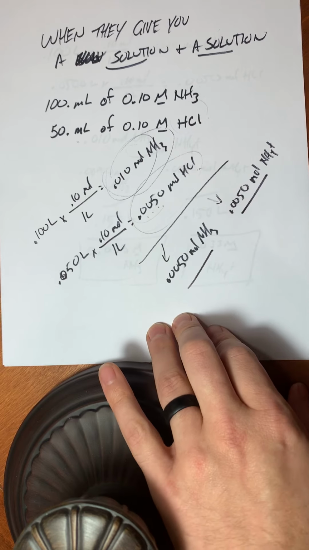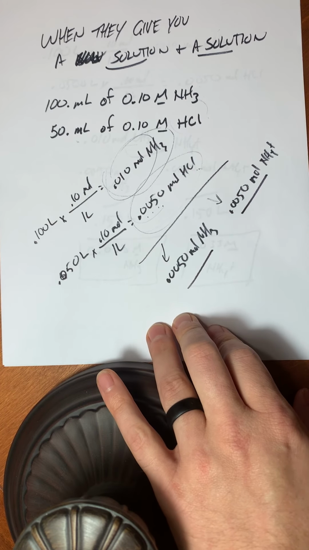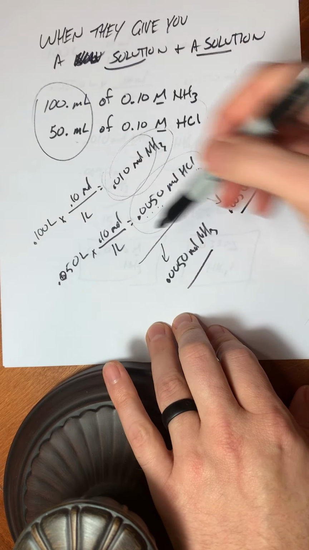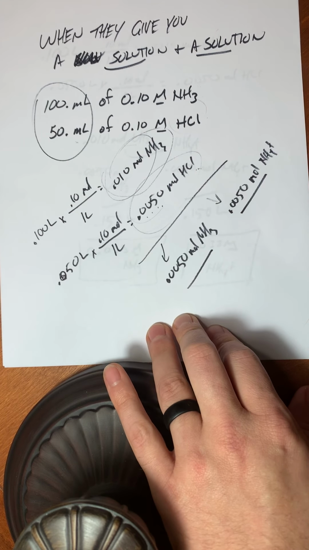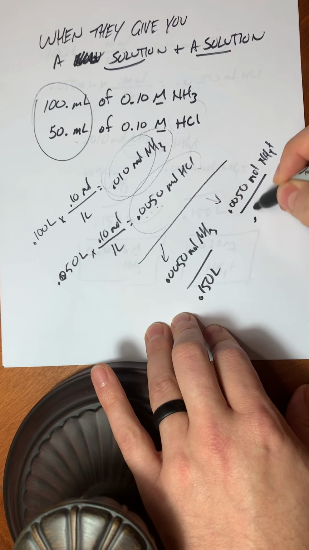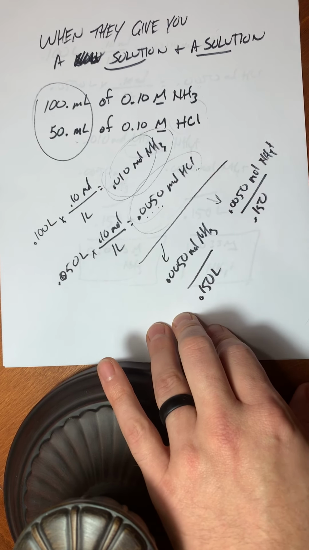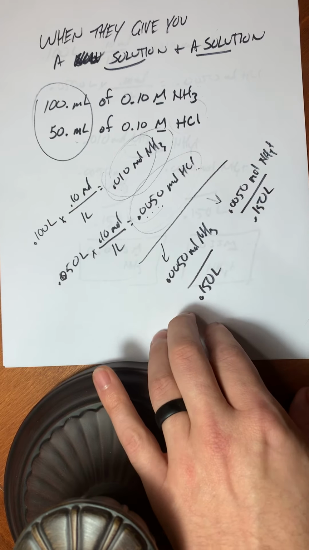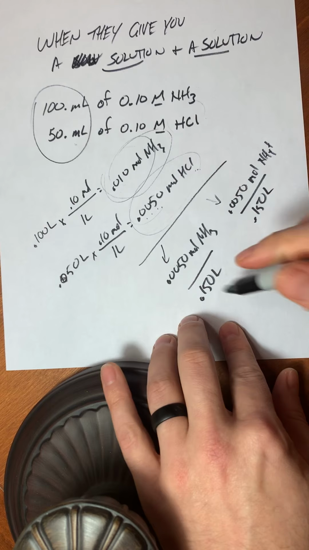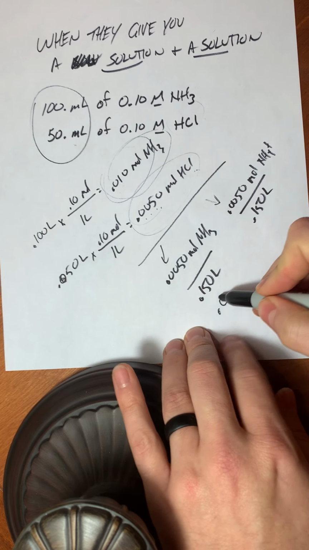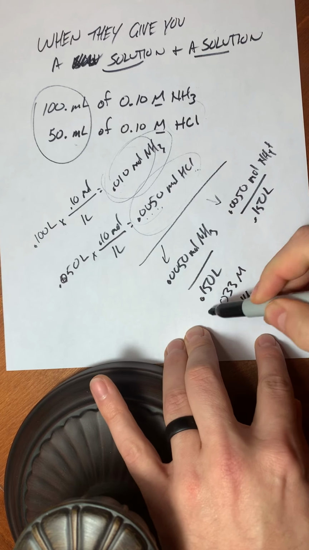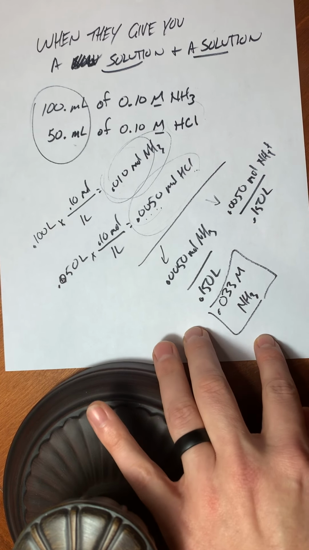I need molarity. What is my new molarity? Well, I have moles, but I need to divide that by volume. That's 0.150 liters, the mixed value. So I end up with 0.033 molar ammonia to start my equilibrium table.